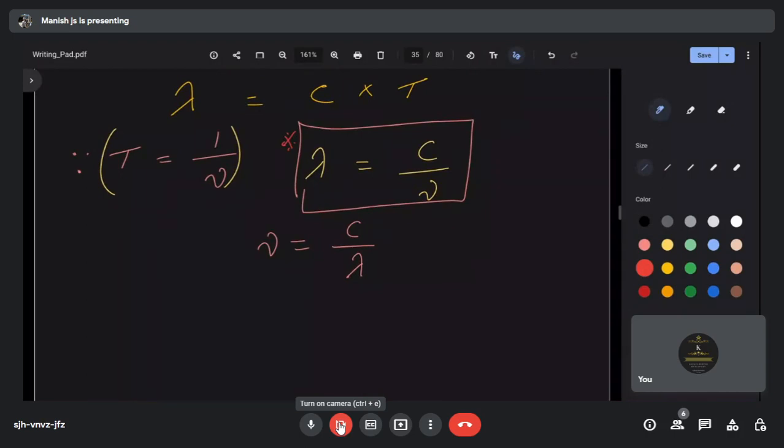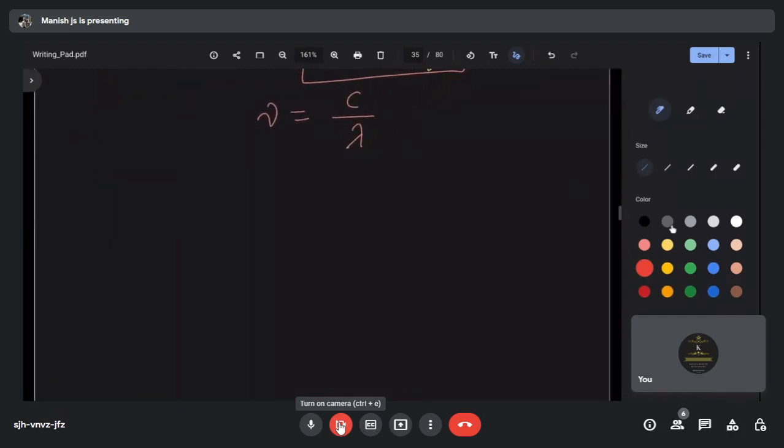ஒரு simple relationship, ஒரு question பார்க்கலாம். ஒரு simple question தரேன். So இதை ட்ரை பண்ணுங்க, எனக்கு ஆன்சர் என்னன்னு சொல்லுங்க.